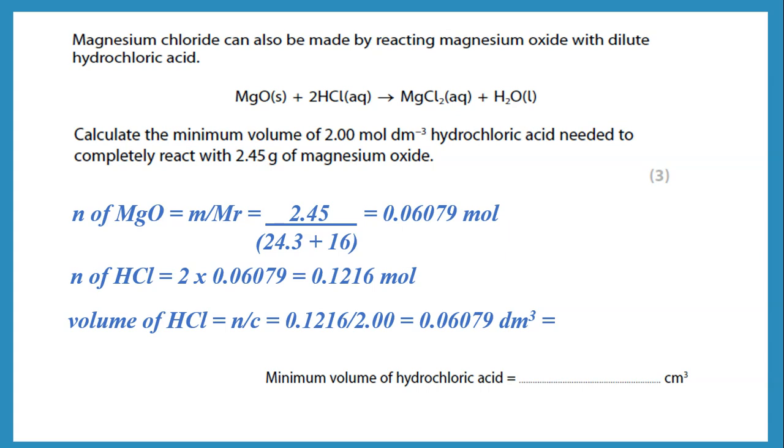That means volume is number of moles over the concentration, and what I get from that is in decimeter cubed. But we are required to get it in centimeter cubed. Remember, what comes out of these equations, volume is in decimeter cubed. Now, to change it back to centimeter cubed, I need to multiply by 1,000.